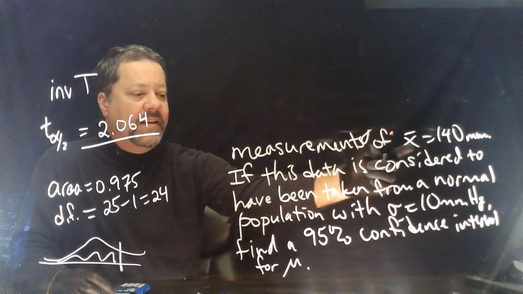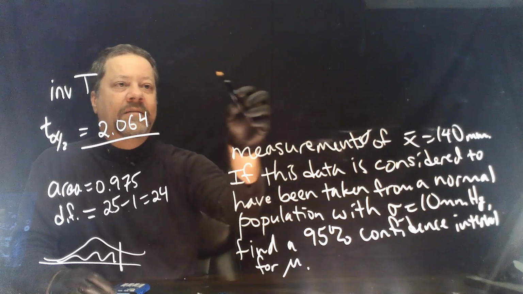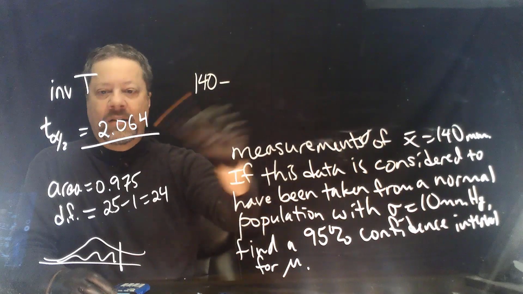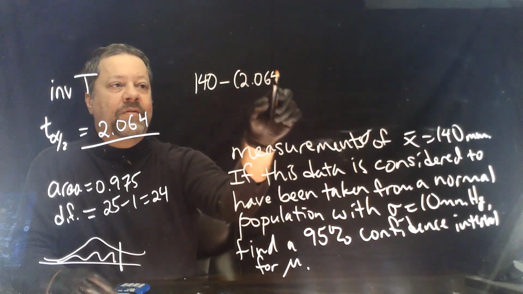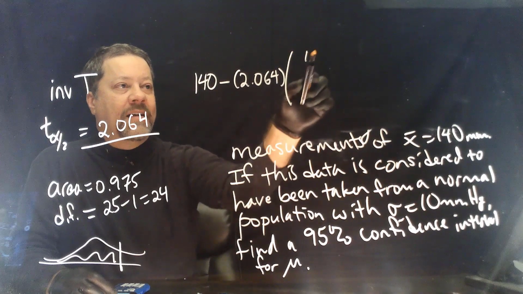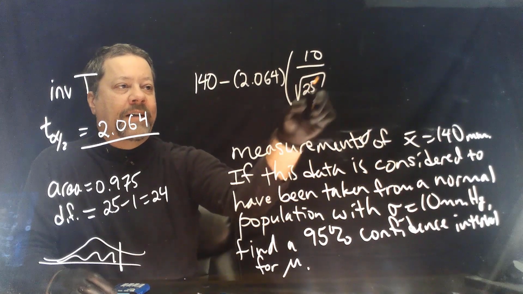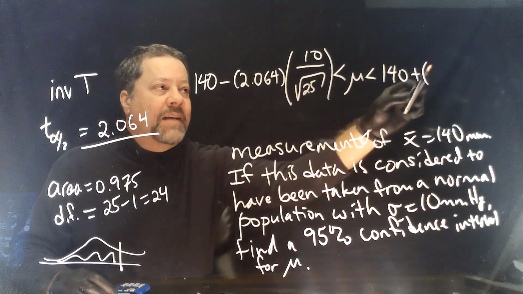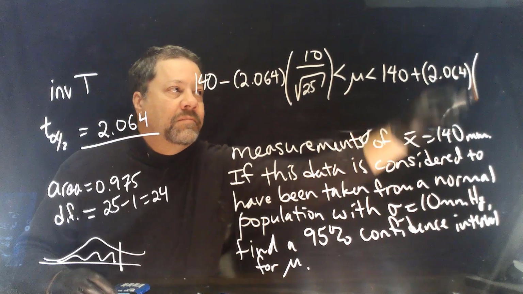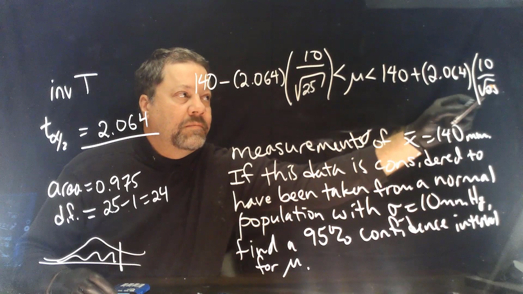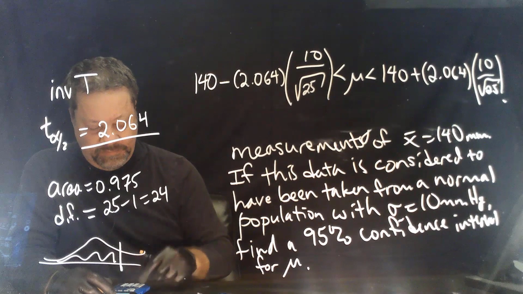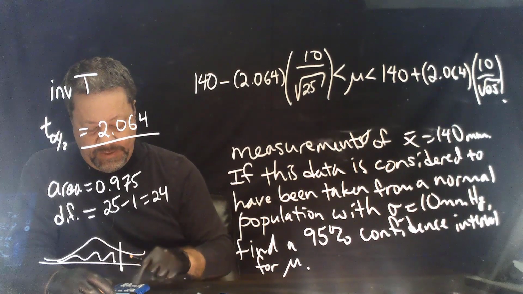We're given the mean in the problem and a standard deviation of 10. So the left-hand endpoint will be 140 minus 2.064 times 10 divided by the square root of 25, and the right-hand endpoint 140 plus the same thing. Crunching this on the calculator, 140 minus 2.064 times 10 divided by 5.